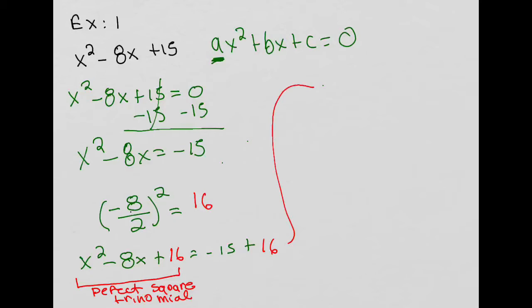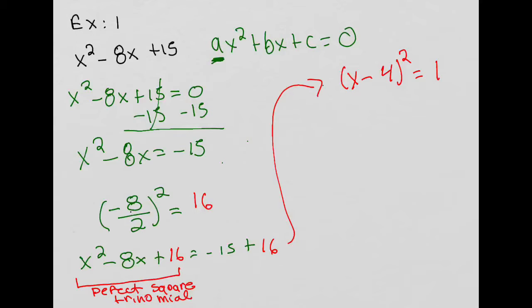I am running out of space, so I'm going to go here. I can take the x squared minus 8x plus 16 and rewrite it as x minus 4 squared equals, well, what is negative 15 plus 16? Positive 1. So the left side of the equation turns into a perfect square trinomial that I can rewrite as x minus 4 squared.